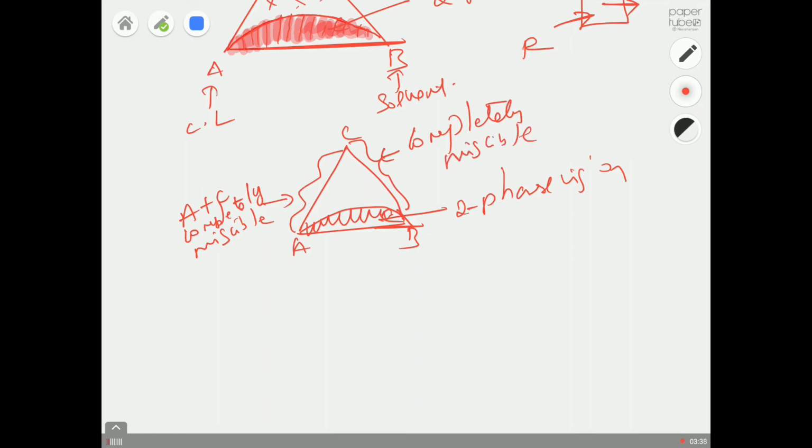So just by looking at the ternary diagram, you will know which two components are completely miscible.